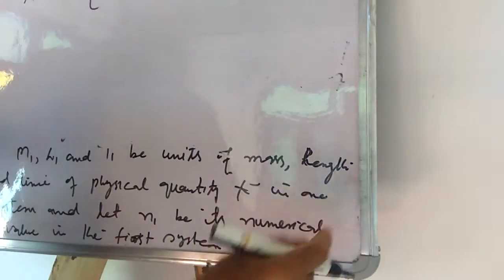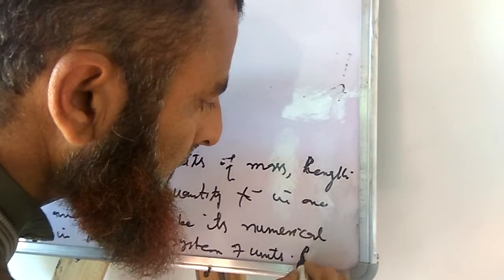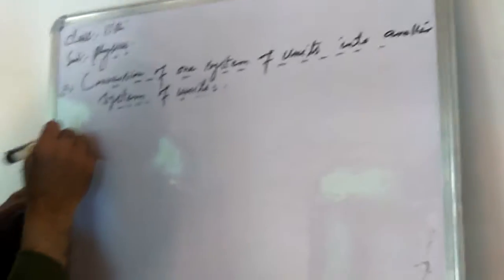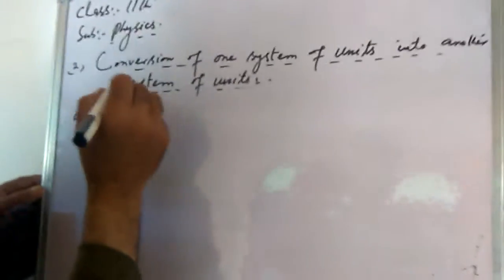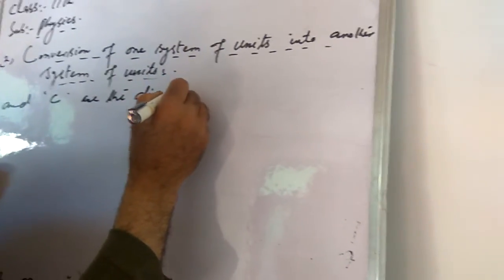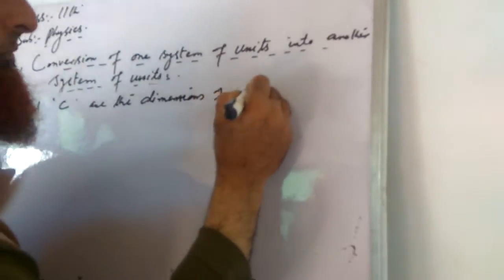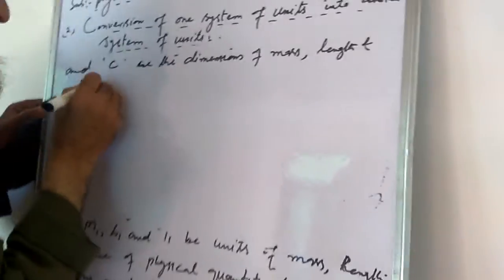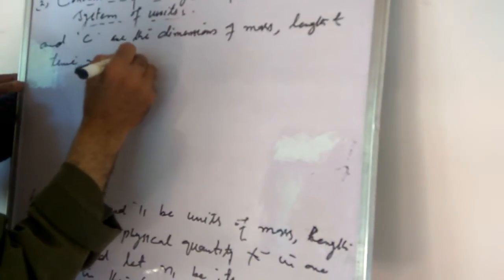But before writing this, we have to use a, b and c for the dimensions of mass, length and time respectively.